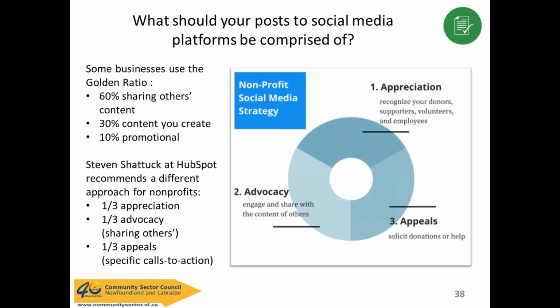He was saying a third of the content that you're putting up should be appreciating your supporters and volunteers and donors and employees. A third should be advocacy, so engaging and sharing the content of others. And a third should be appeals, and that can be specific calls to action, asking for a donation, asking for them to come out to a fundraiser, asking for them to go to your website, and so on.